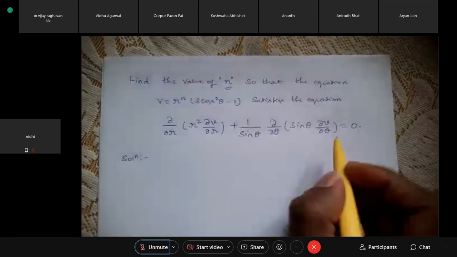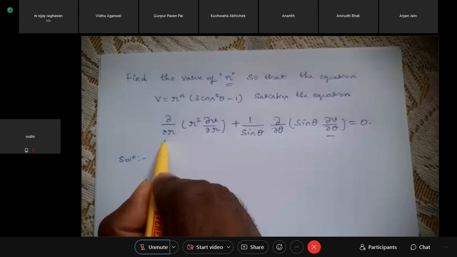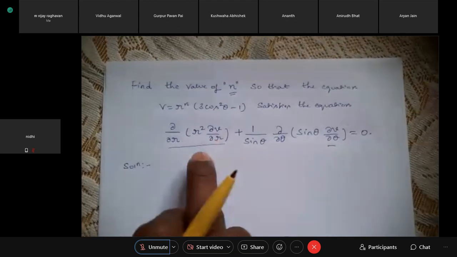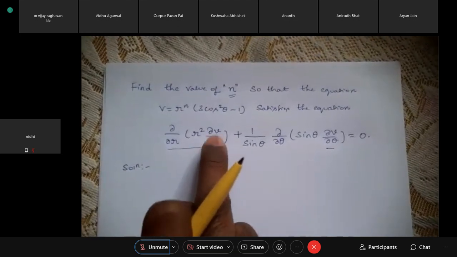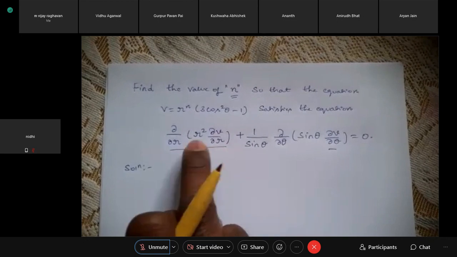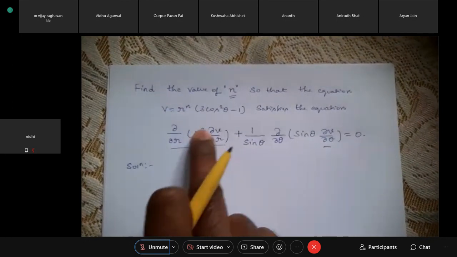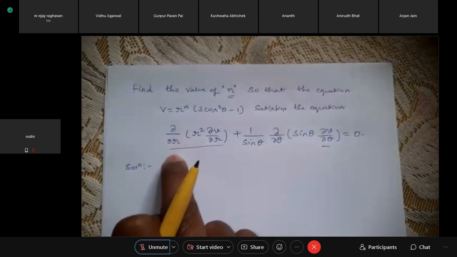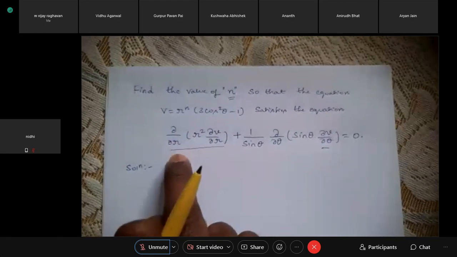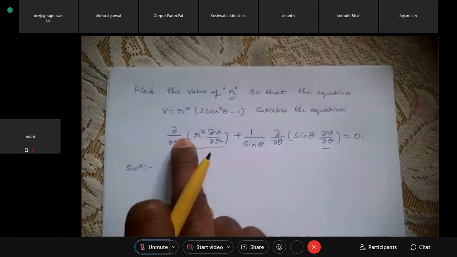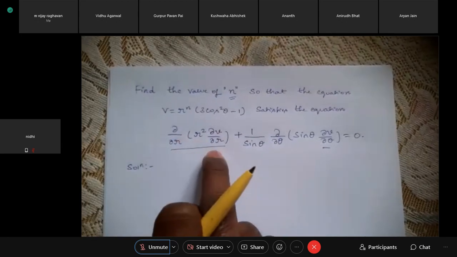Start from this side, taking one term at a time. If I consider this term, I first find dou v by dou r, then the result will be multiplied by r square, then this result will be differentiated partially with respect to r. That is dou by dou r of r square dou v by dou r.